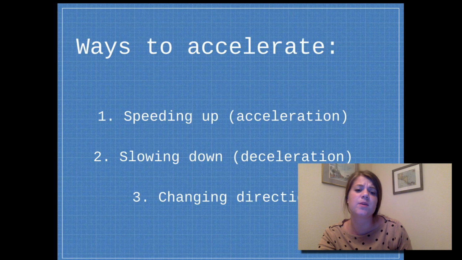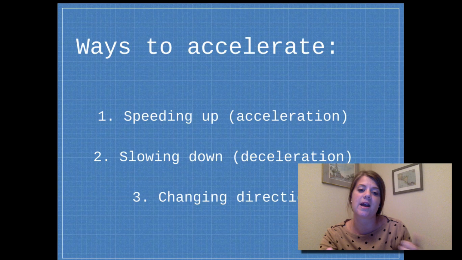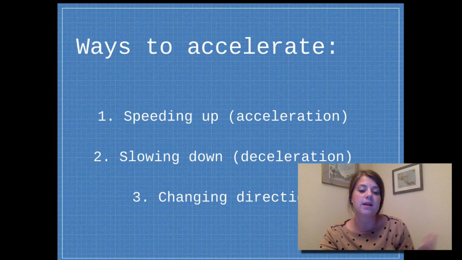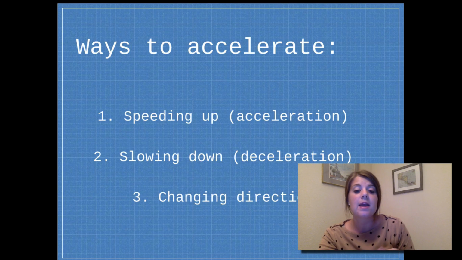There's a couple of ways that we can accelerate, because remember, acceleration is changing our velocity, and velocity is speed plus direction. The first way is probably the most common that we hear, and that is to speed up. So if your speed increases, you are accelerating. Now, if your speed decreases, your velocity is still changing, right?